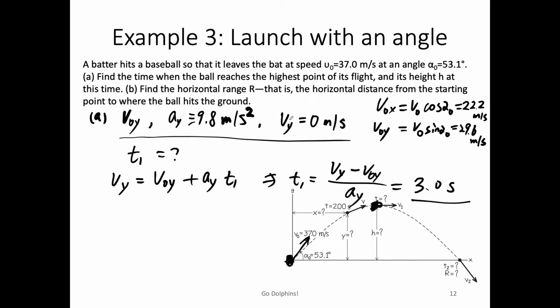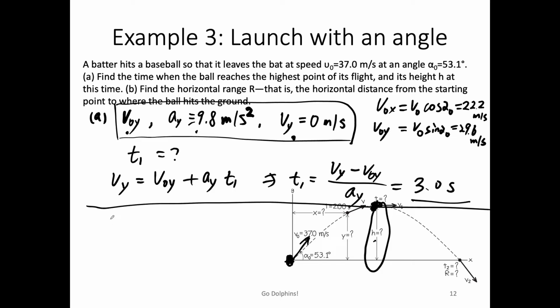So you have a choice how to find this h, which is the displacement in y. Let me just do it using the original 3 variables. You have initial velocity, final velocity, acceleration, and we want to find the displacement. Which equation has these 4 variables?